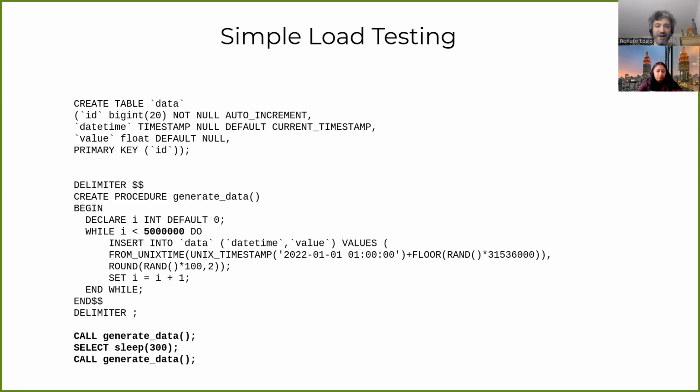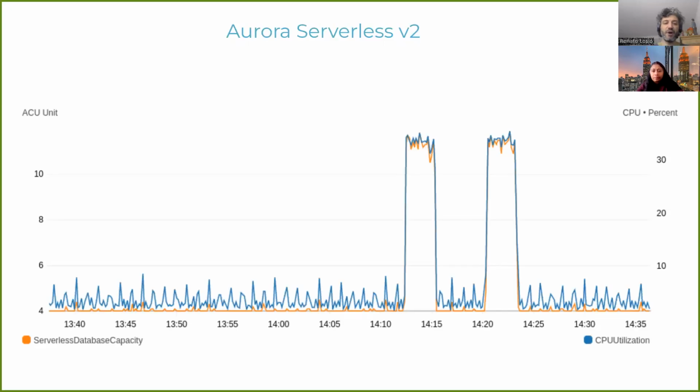You run it basically. And what you have on Aurora Serverless v2 is, this is CloudWatch, and you have 2 metrics. What you see is the serverless database capacity in orange, and in blue you see the CPU. Of course, there's a baseline CPU when nothing is happening. Between 14:15 and 14:20, there's this gap of 5 minutes.